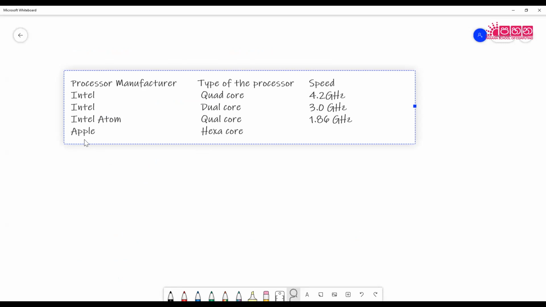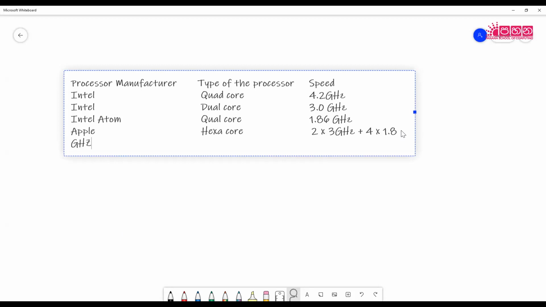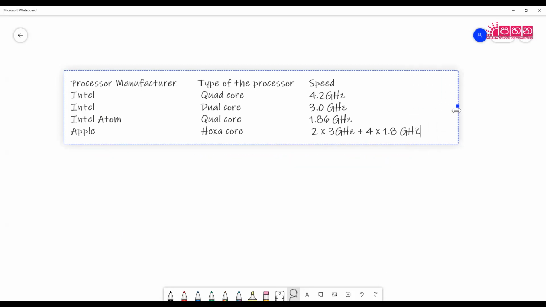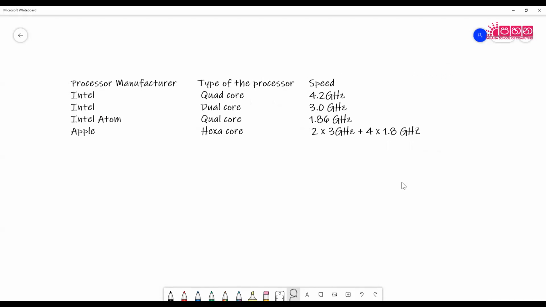There are 2 processors with 3 gigahertz, and 4 processors with 1.8 gigahertz. I hope now you have a good understanding of the processor details.